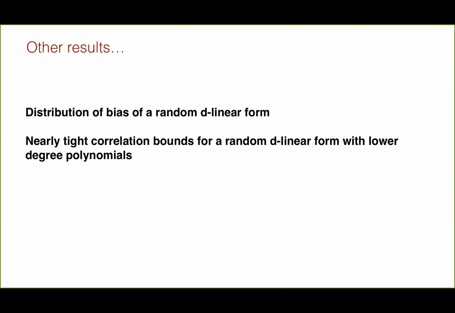All right, so we have a few other results. Somewhere in the paper, we also prove correlation bounds for a random D linear form with lower degree polynomials. And in the process, we prove concentration bounds on the bias of a random D linear form. And this gives us nearly tight correlation bounds between a random D linear form with lower degree polynomials.